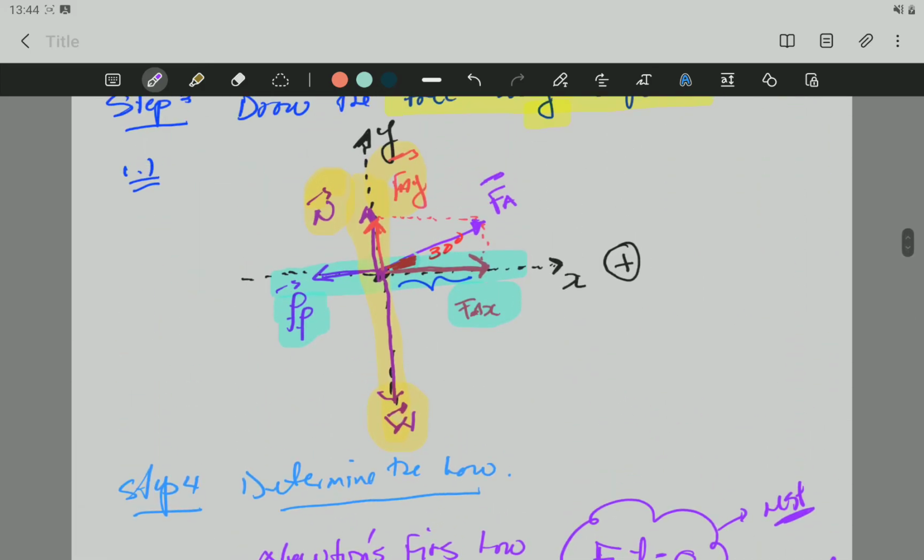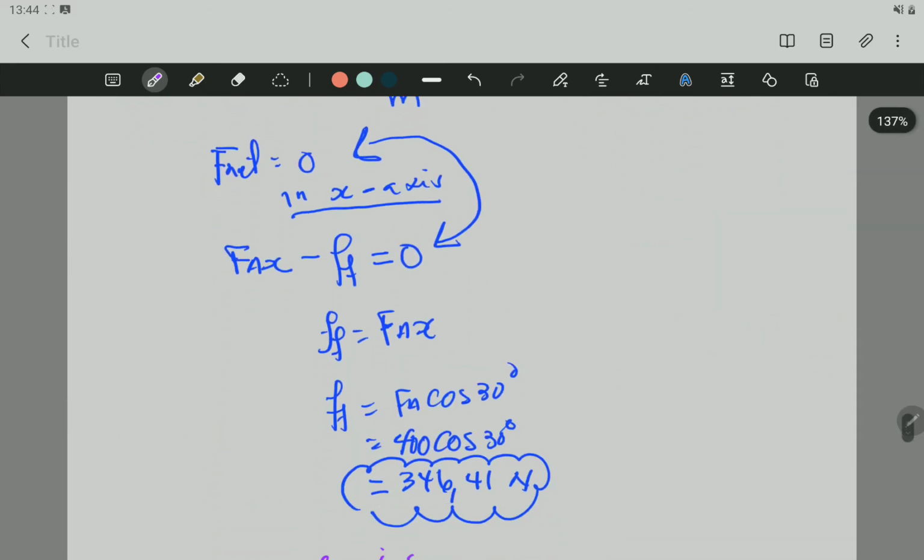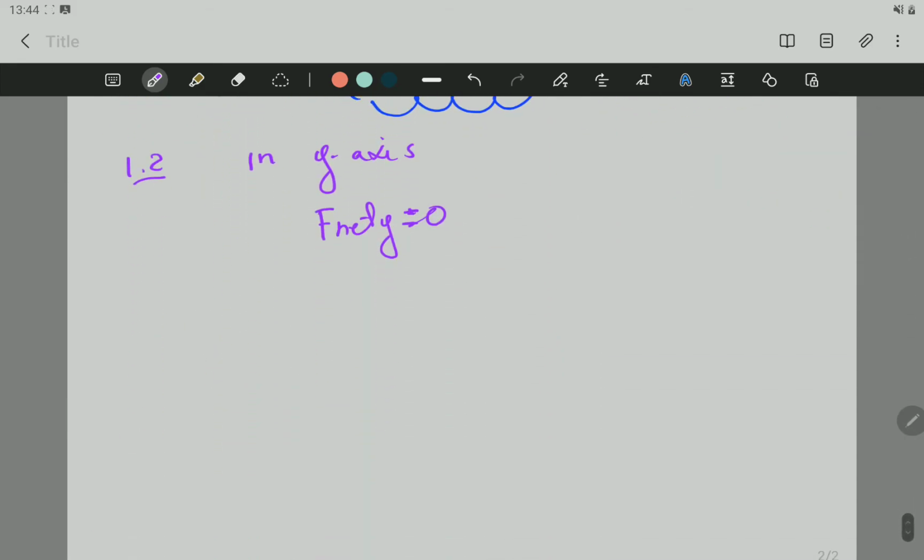We have the normal, the applied force in y, and the weight. We take the upward direction as positive. So we have normal plus applied force in the y-axis minus weight equal to 0. If you rearrange this, you get that normal is equal to weight.